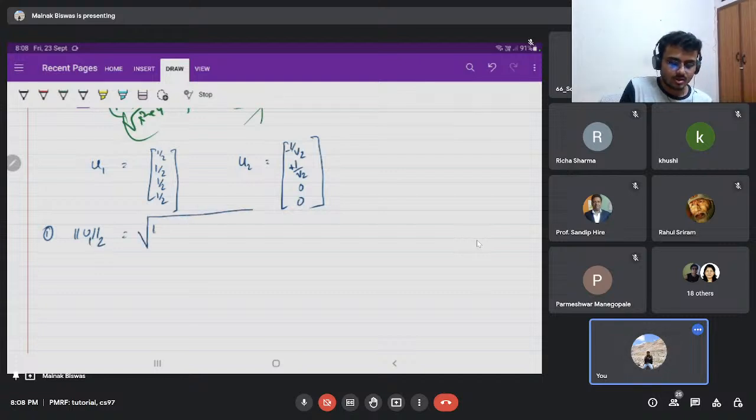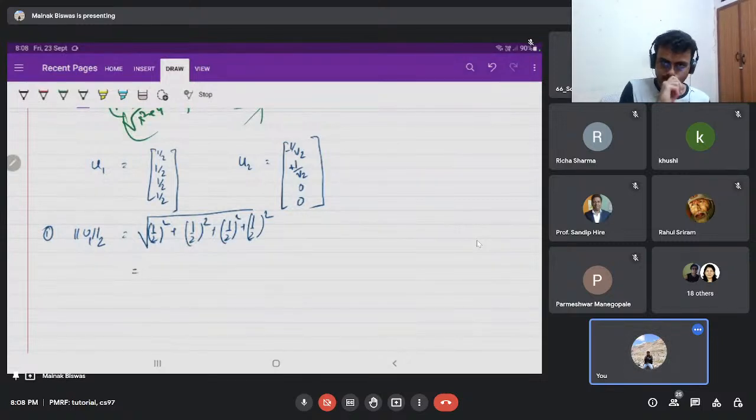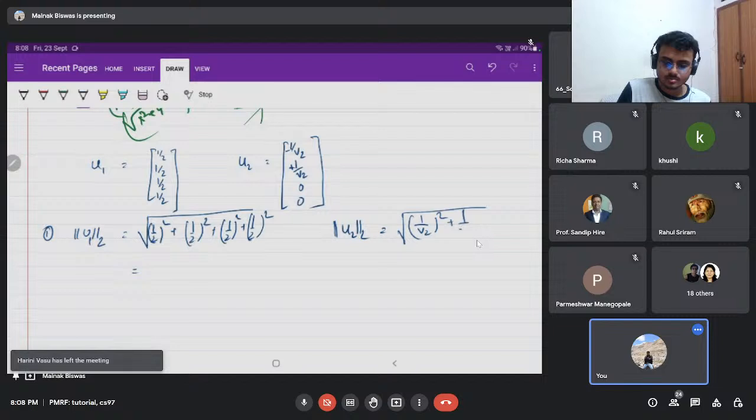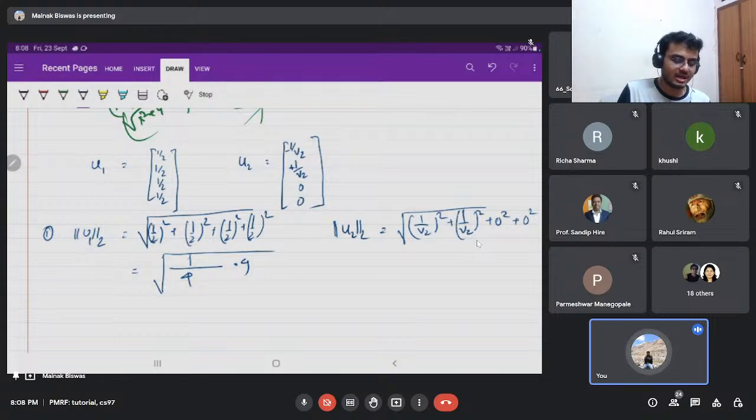Square root of half squared plus half squared plus half squared plus half squared. Each of these is 1/4, four times, that is equal to 1. And for U2, half plus half is also 1.